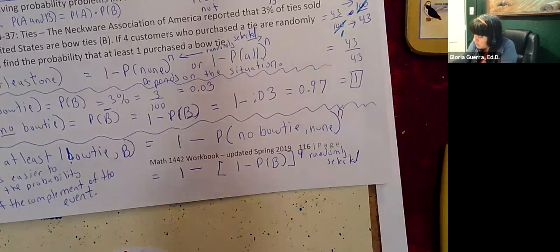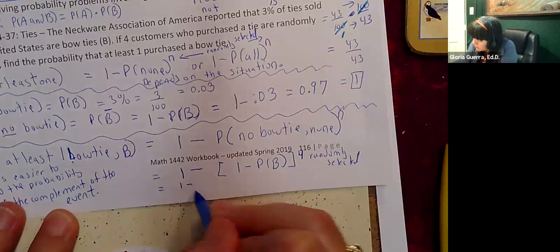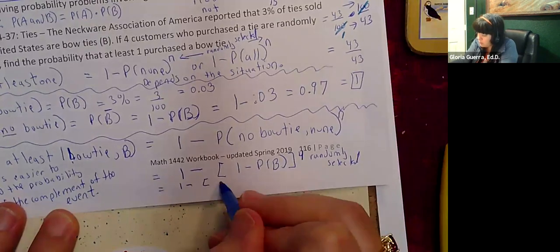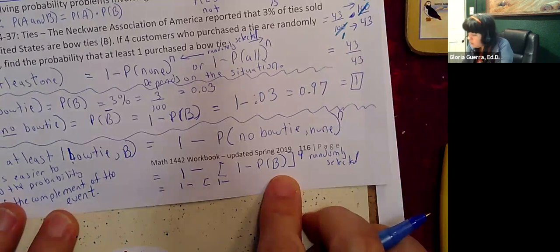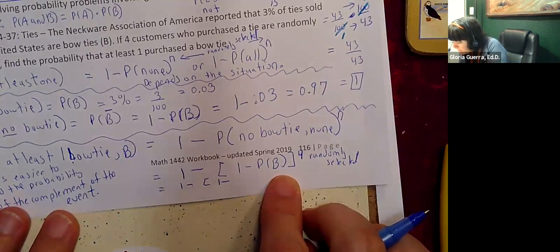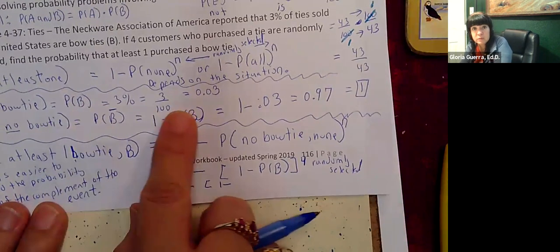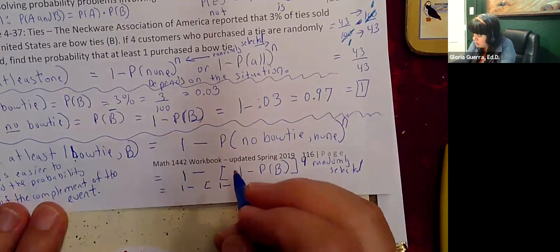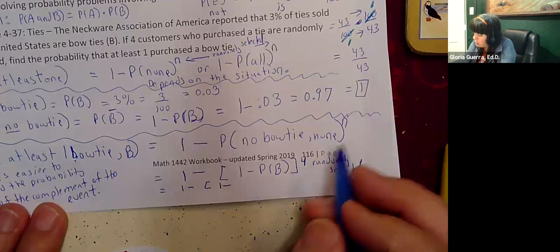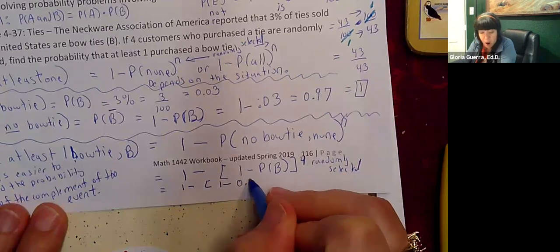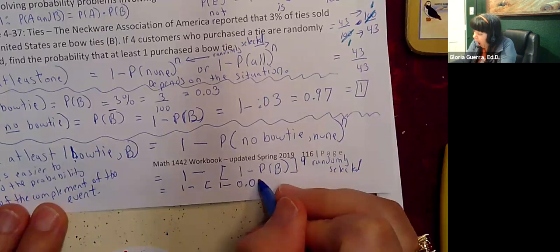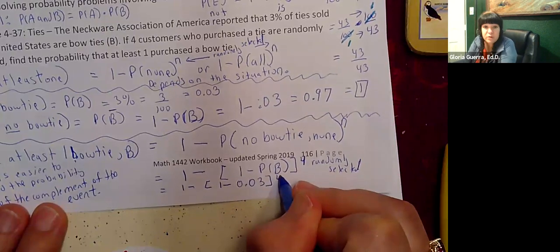So then it's 1 minus, and you have 1 minus probability of B. Where do we put that? What's our decimal on that? It looks like probability of B is right here, 0.03, raised to the fourth power.